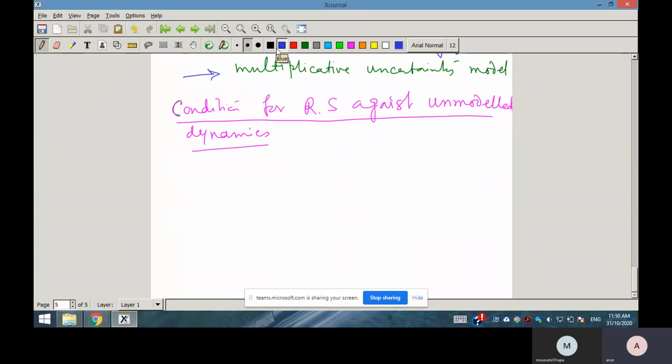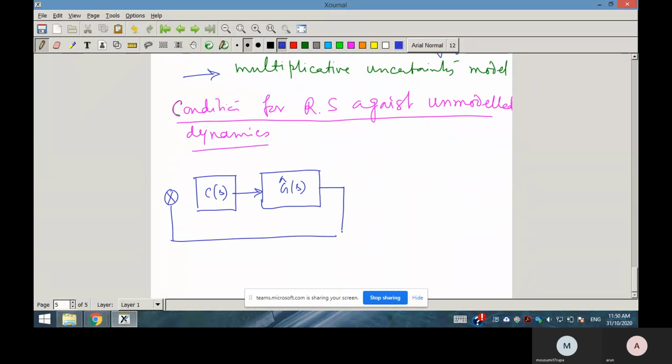So I'll draw a diagram. This is your actual plant G hat S, and this is your controller C of S. Here deliberately I have not drawn any input or output, as the stability will not depend on input or output. In the case of a linear time invariant system, only the loop is important for stability. That's why I have not shown any input or output.